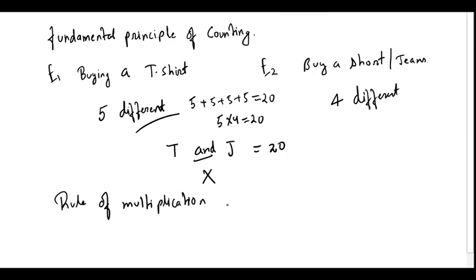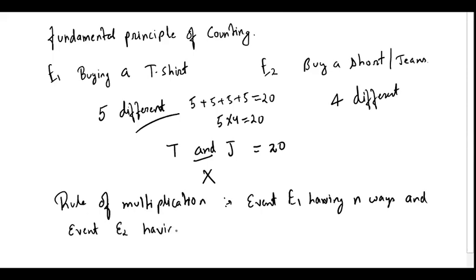Suppose we have event E1 having n ways, and event E2 having m ways.